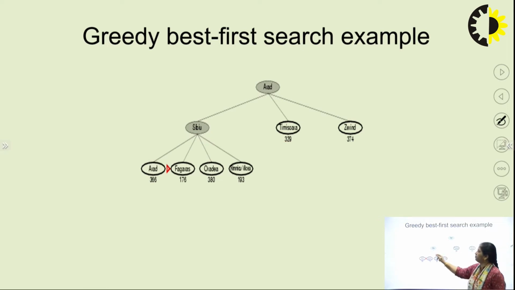After expanding Sibiu, I found that the neighbors of Sibiu are Arad, which we already know, and other neighbor cities are Fagaras, Oradea and Rimnicu Vilcea. The straight line distances we have taken from the previous slides, given on this one.